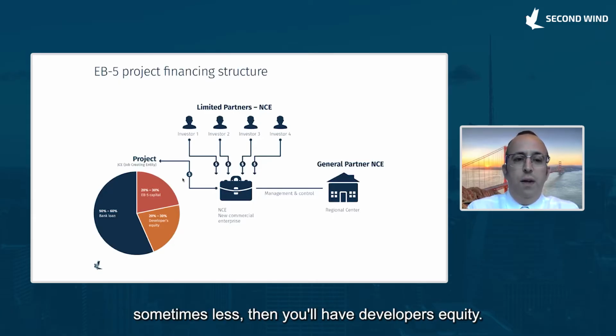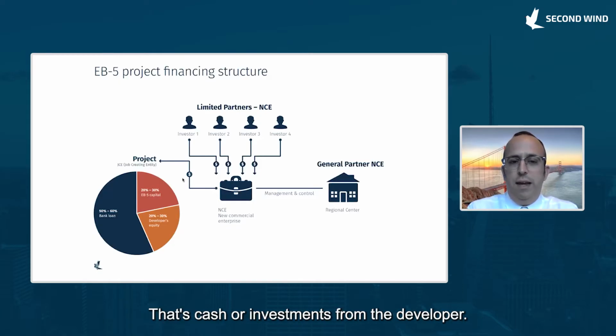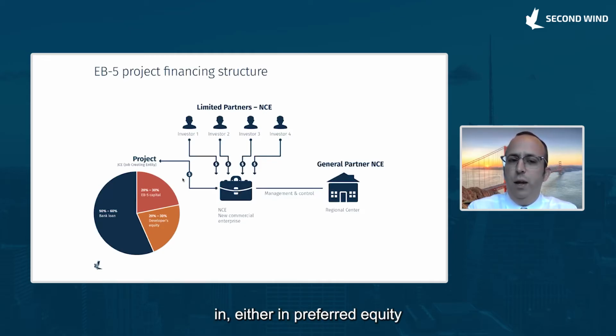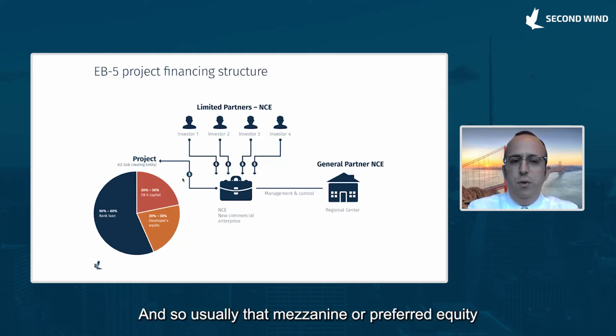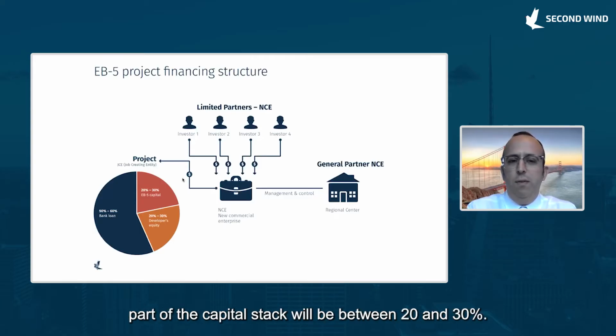Then you'll have developers' equity, that's cash or investments from the developer. And then there will be some other form of capital coming in, either in preferred equity or in a mezzanine loan position to fill out the rest of the capital stack. Usually that mezzanine or preferred equity part of the capital stack will be between 20 and 30%.